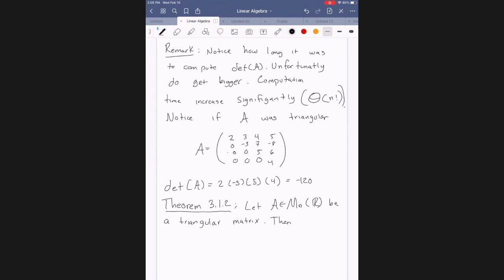Then the determinant of A is the product of the diagonal. Like this. Or, I think you might find in some places they write it like the product of a_ii for i equals 1 to n. But that just means you take the diagonal and multiply the entries.